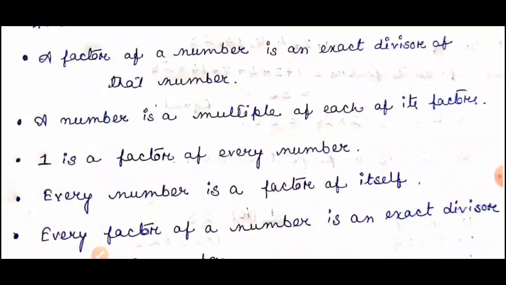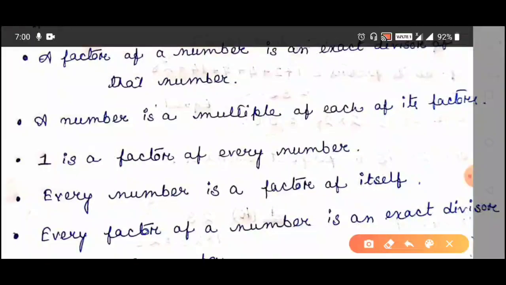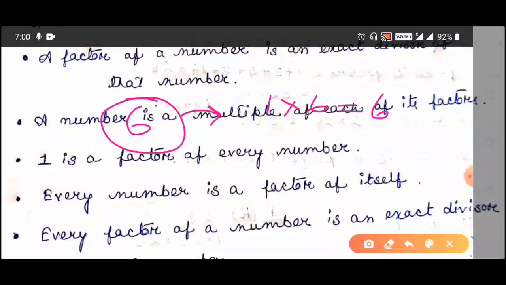So, the first point is: a factor of a number is an exact divisor of that number. What does it mean? Suppose we have taken a number 6. Now, we will find its factors. How will we find them? We write 1 into 6 is 6. That means you have to find the multiplication table where you will get 6 as the answer.